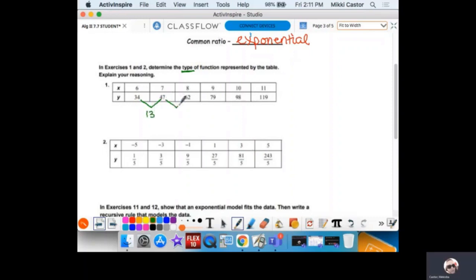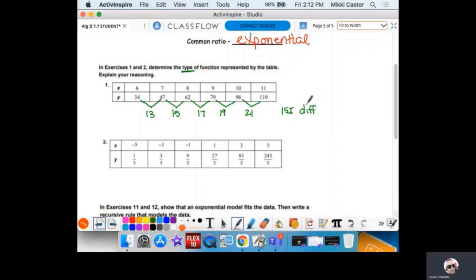From 47 to 62? 15. From 62 to 79? 17. From 79 to 98? 19. And from 98 to 119? 21. This is called the first difference.